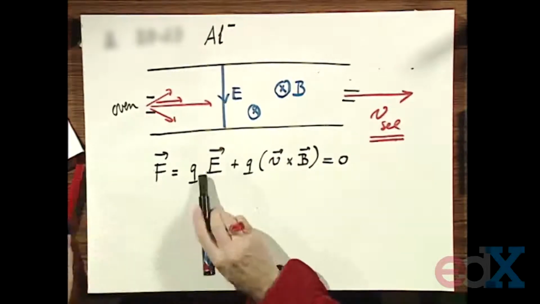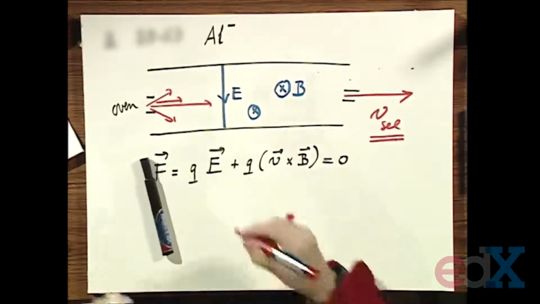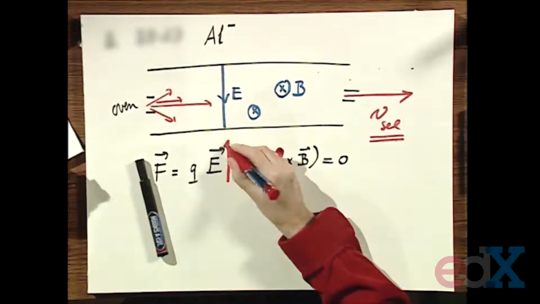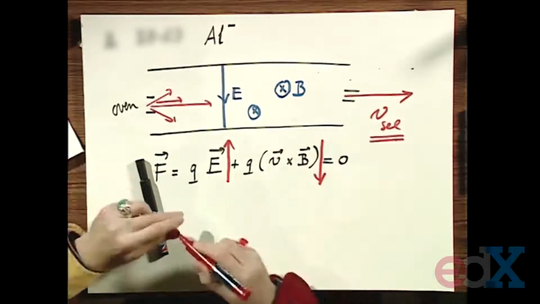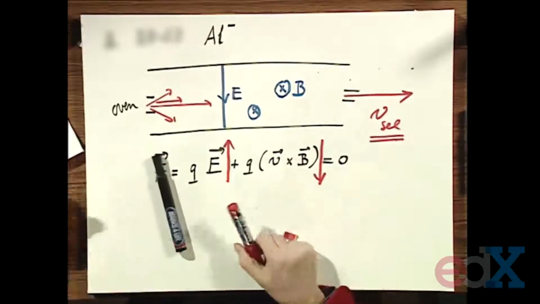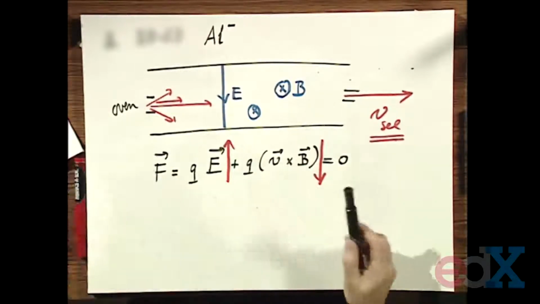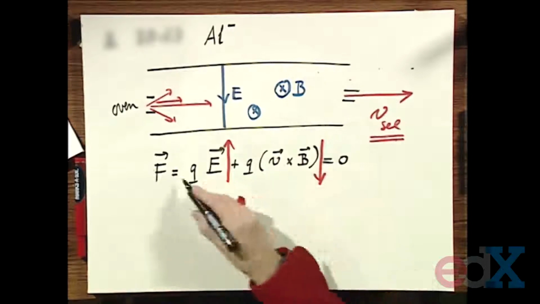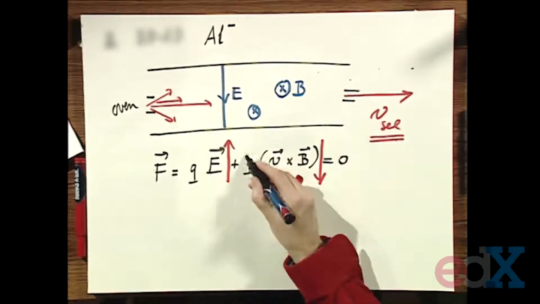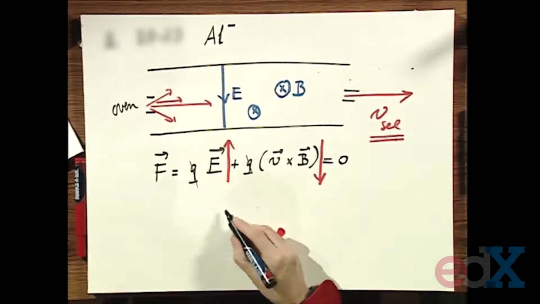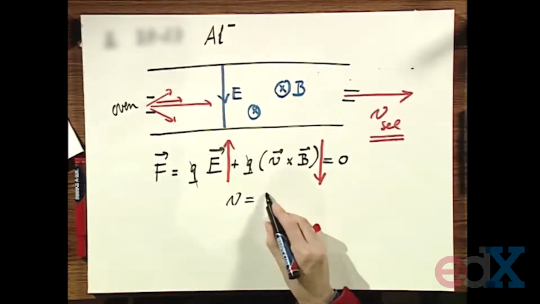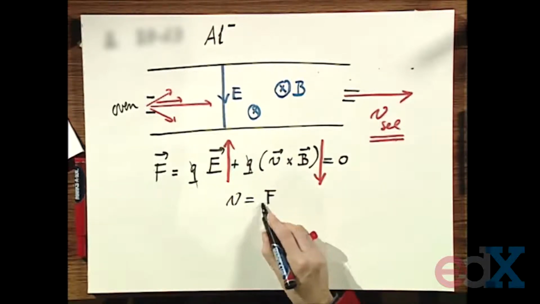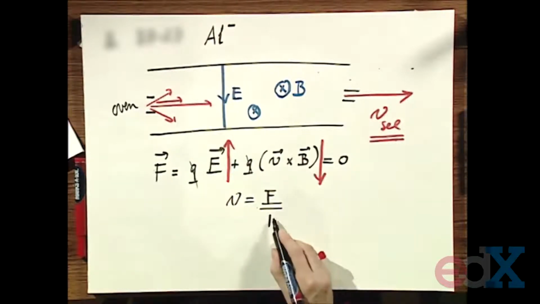The direction of this force on a negative charge is upwards, and the direction of this force is downwards. You can easily convince yourself of that, V cross B. So for this to be 0, q cancels. I have that V selected equals E divided by B.